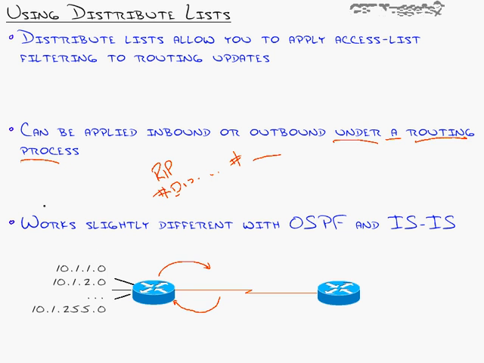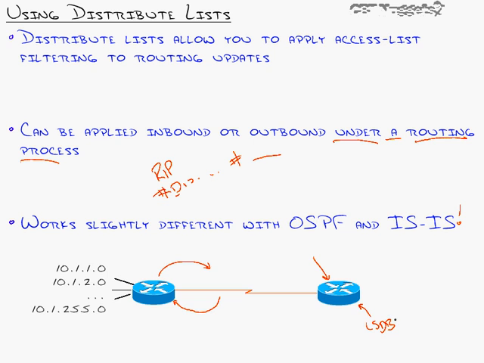Now, this does work slightly differently with OSPF and IS-IS, because those are link state routing protocols. It is a requirement of link state routing protocols that all of the routers in the same area have an identical link state database. If we were able to filter and change the link state database so that one router had a different one, filtering some of the routes within an area, it would totally defy the rules of link state routing protocols, which we can't do.